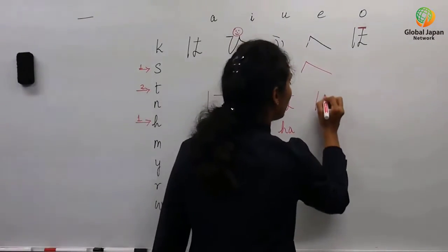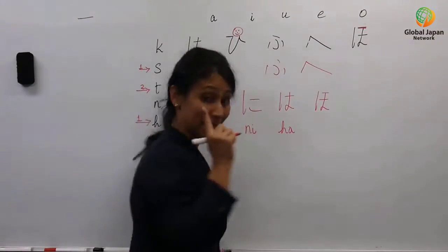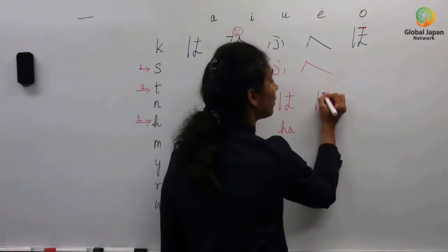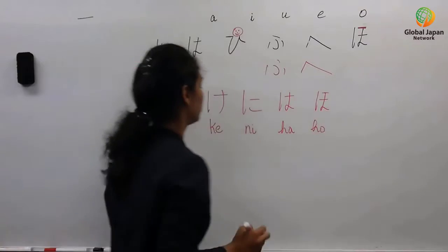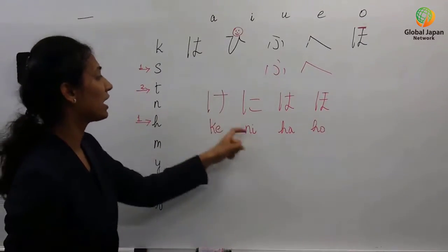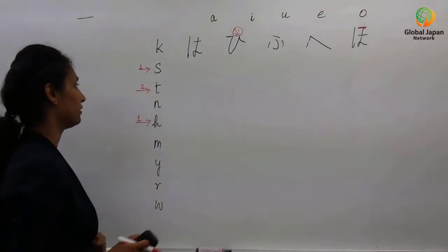A line drawn with an L next to it, two dashes cutting across the L first point. Second point, the horizontal line should be on top of it. This is ho. So these are the characters which have a line beside it. So we are done with the ha line here.